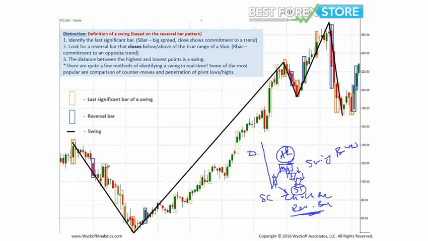Why do we need to understand the swing structure? For the intraday trader, you need to understand the daily swing structure because it's going to give you a directional bias.